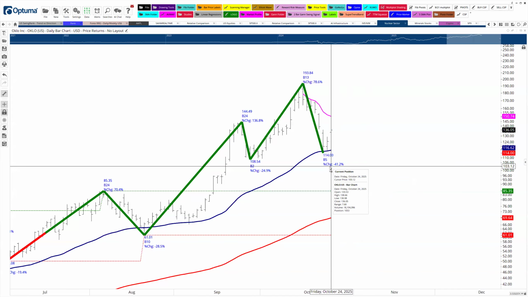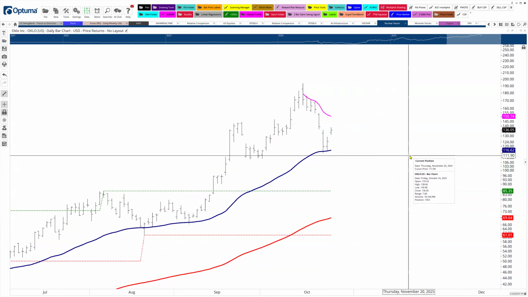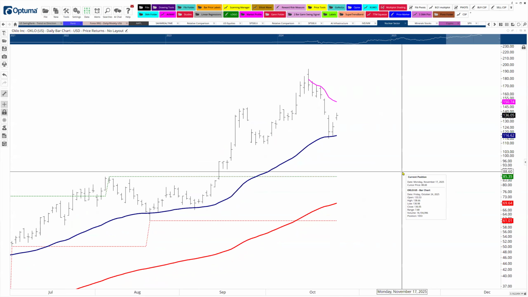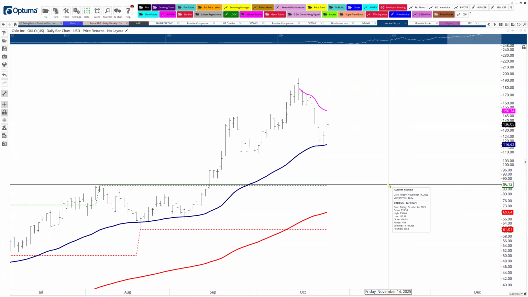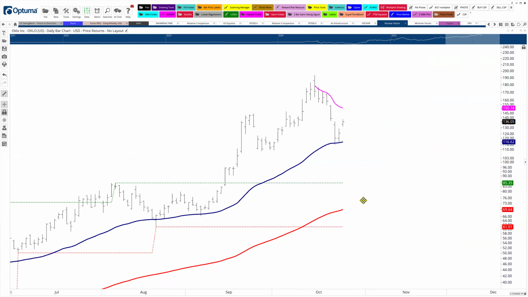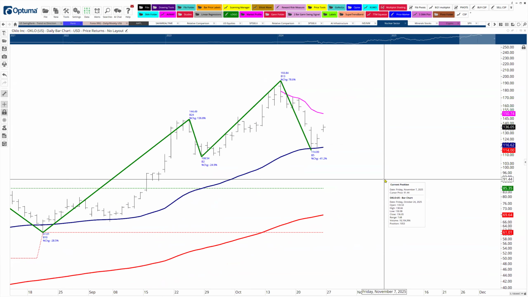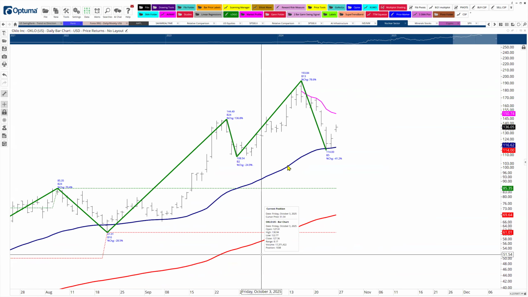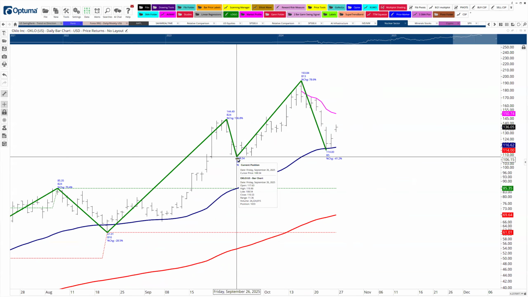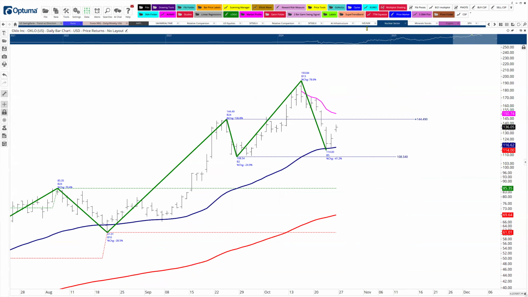If I don't have this, I want to mark my levels. This is the blank chart. Go back to your chart, grab one line, draw one here, and draw one up on the top.